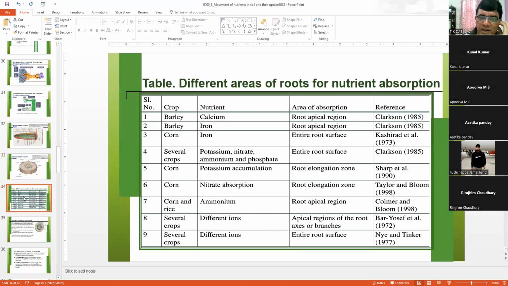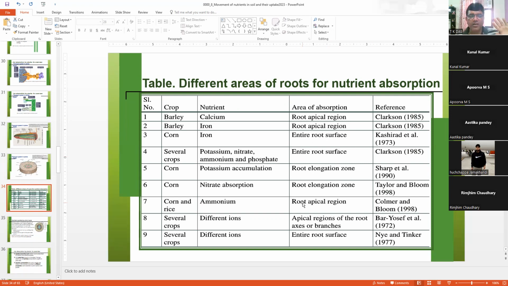Now see very important data, different areas of roots for nutrient absorption. For example, in barley, calcium is absorbed mainly by the root apical region, and iron by the root apical region. In corn, iron is absorbed by the entire root surface equally. In several crops, potassium, nitrate, ammonium, and phosphate are absorbed by the entire root surface and the root elongation zone.